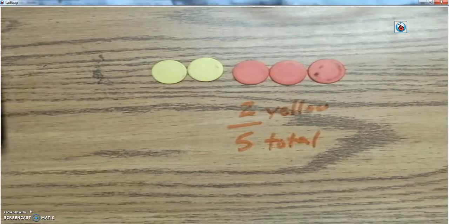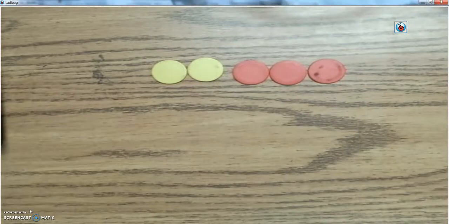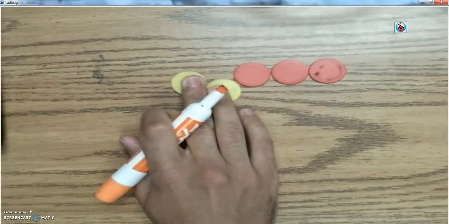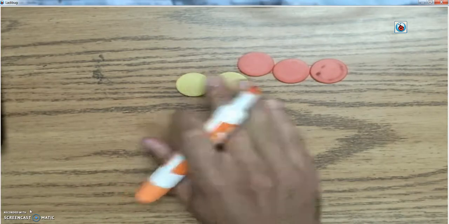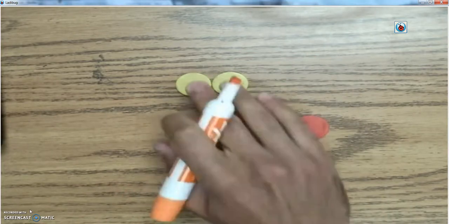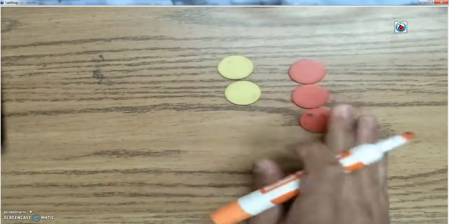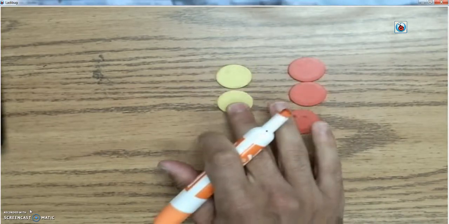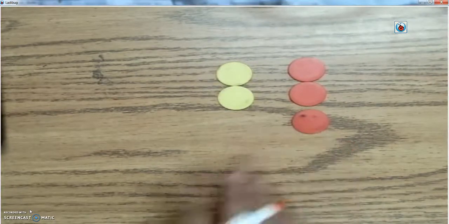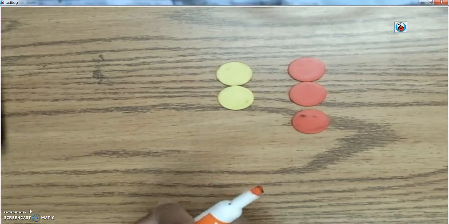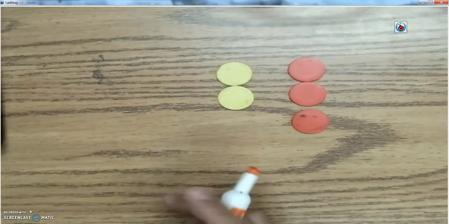And I need an equivalent fraction to that. So the first thing is, let's see if I can organize them in a way that just shows me one. If I want a yellow row and a red row, or a yellow column and a red column, those aren't even. Just looking at those, I don't easily see another fraction there.